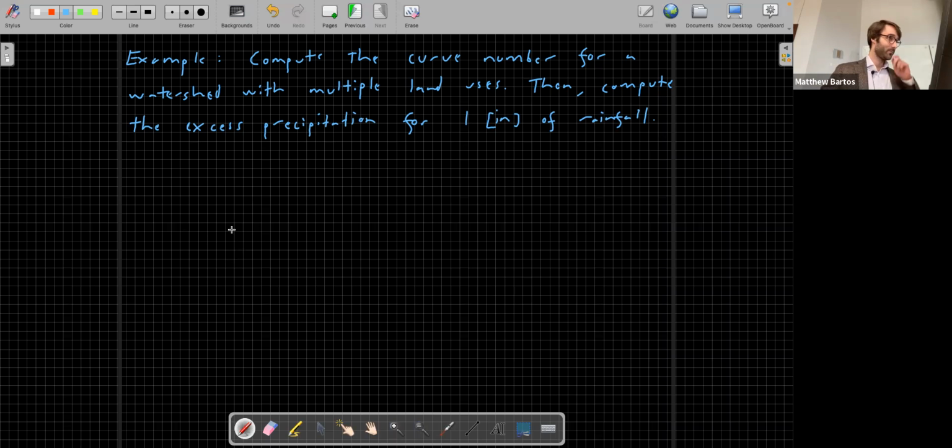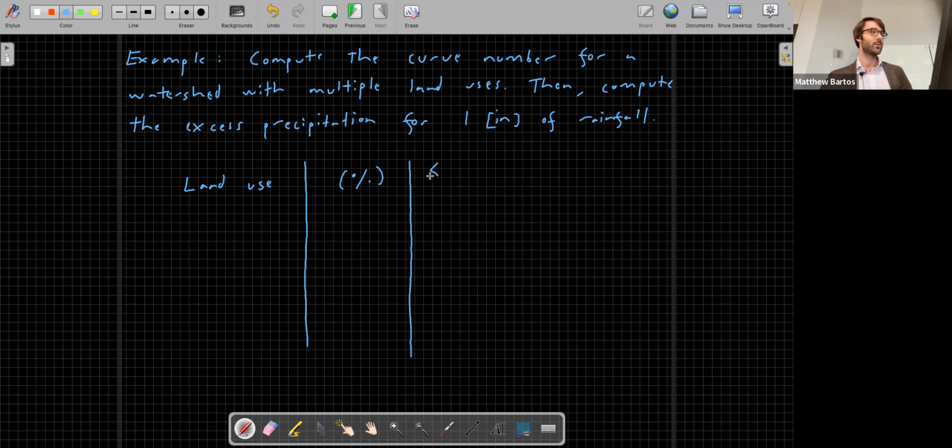Okay, so we have the following table of land uses. We're going to list the land use, the percent of the area that's taken up by that land use, the soil group, and the ultimate curve number.